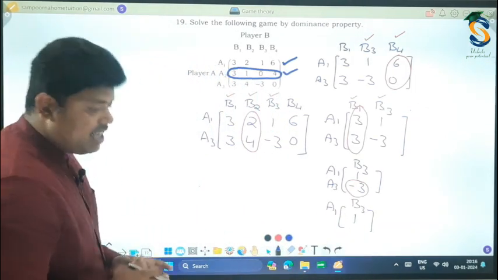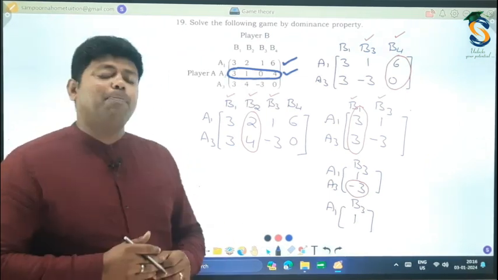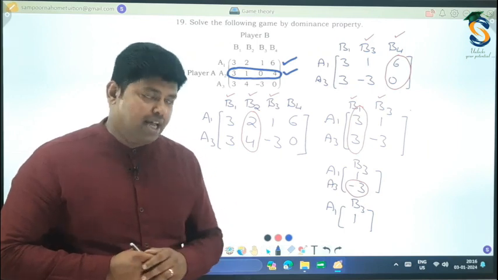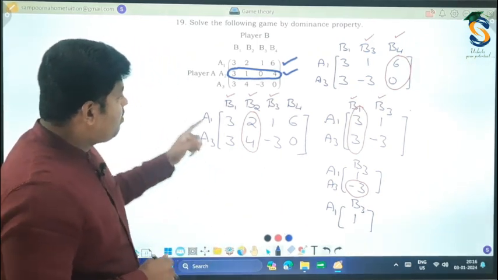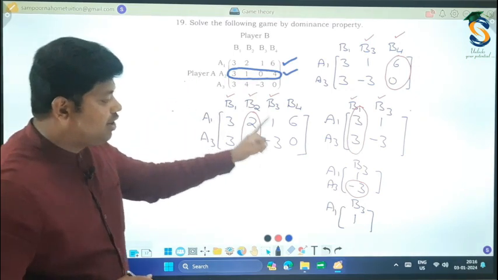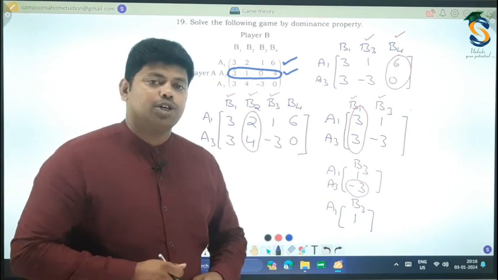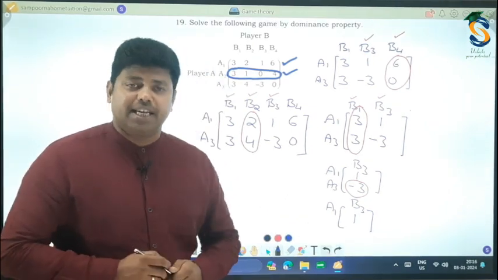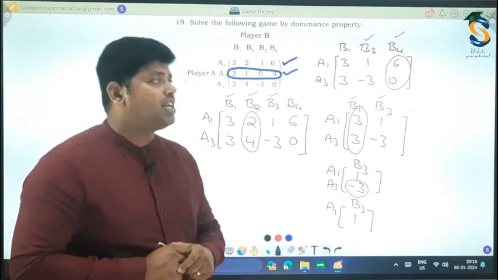Hence the value of the game is 1, and also the saddle point of the game is 1. And we also know how to conclude: player A strategy will be A1, player B strategy will be B3. You have to write down the conclusion, that is the value of the game is 1 and the saddle point of the game is 1.